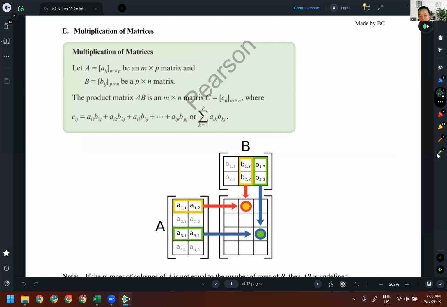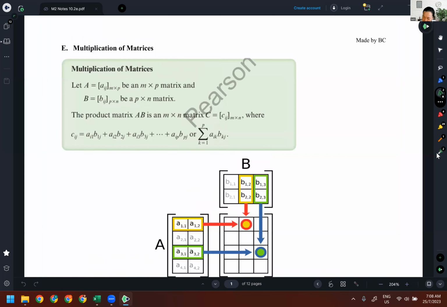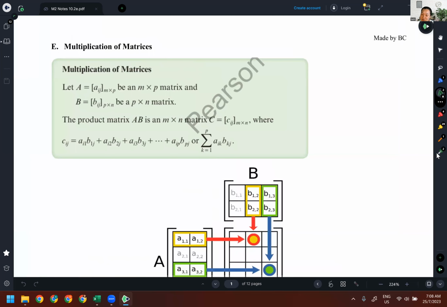Look at this multiplication of matrices. You have two matrices, A and B. They're not random. They have very specific size, the order of matrix.